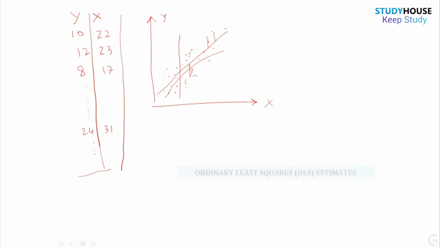There is a technique which finds the line with the minimum error distance, and we call it the ordinary least square, or OLS, estimates. It's like ordinary least square error estimates. We don't call it OLSE for error, we just call it ordinary least squares. Whenever we try and do a regression, the most simple estimates which come up from the regressions are the OLS estimates.